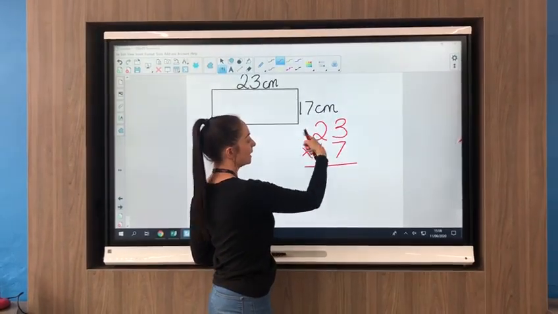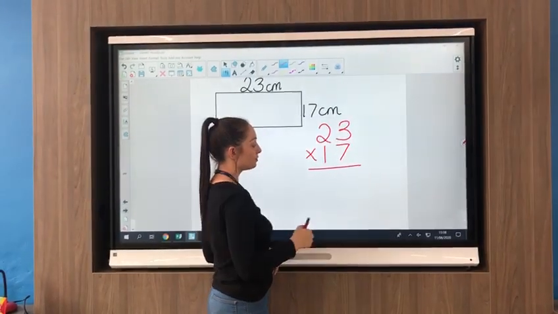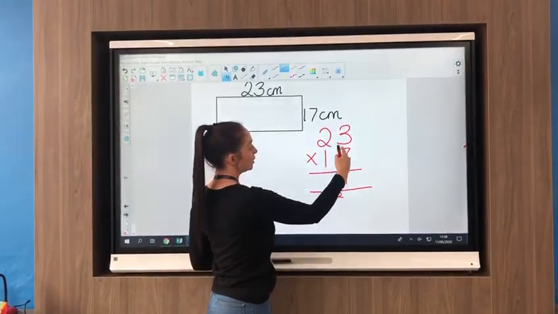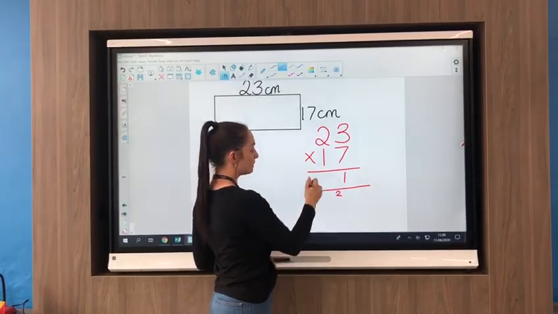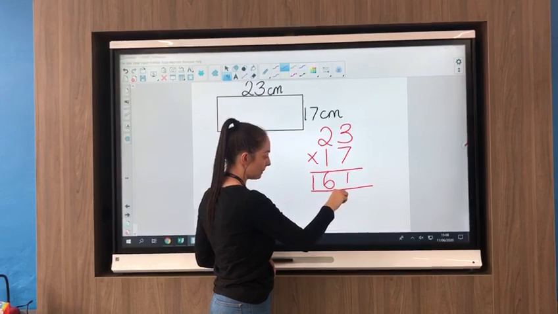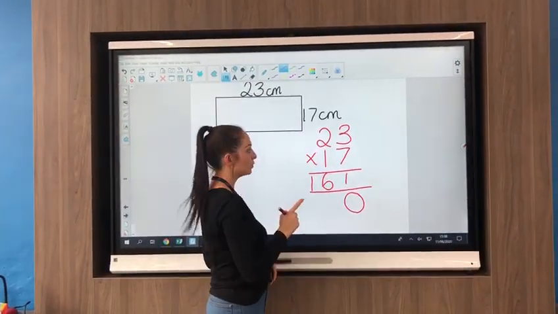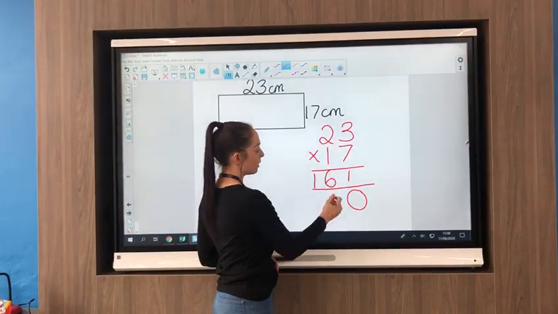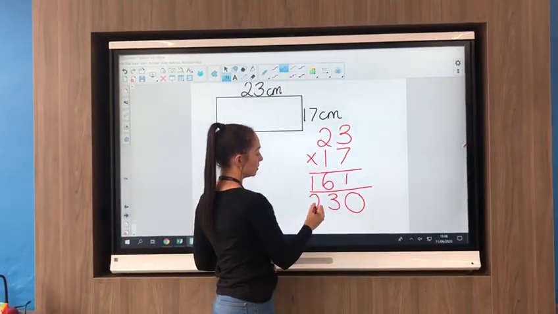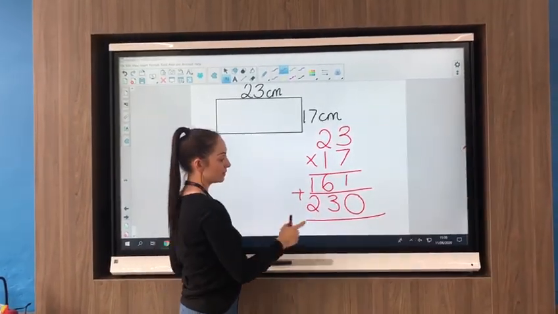For this one, I need to multiply both of these numbers by the 7 first, don't I? So I need to do 3 times 7, which is 21. 2 times 7, which is 14, add my 2, which is 16. Then I'm going to rub that out because it's in my way a little bit, and then I need to remember my placeholder, don't I? 3 times 1 is 3, 2 times 1 is 2, and then just to finish it off, I need to add those two together.